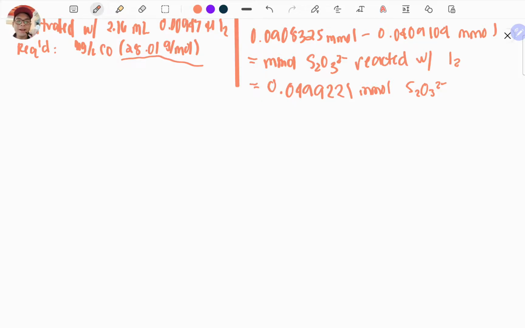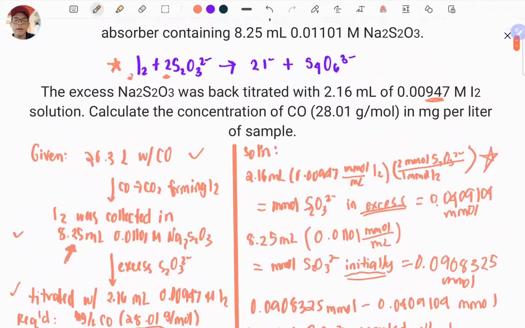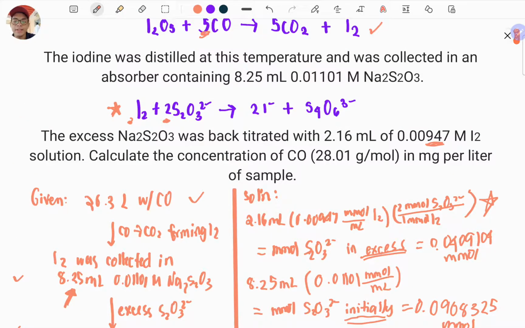But anyway, we have 0.0499221 millimoles of thiosulfate, right? As I told you earlier, we can convert this into iodine based on this chemical reaction.